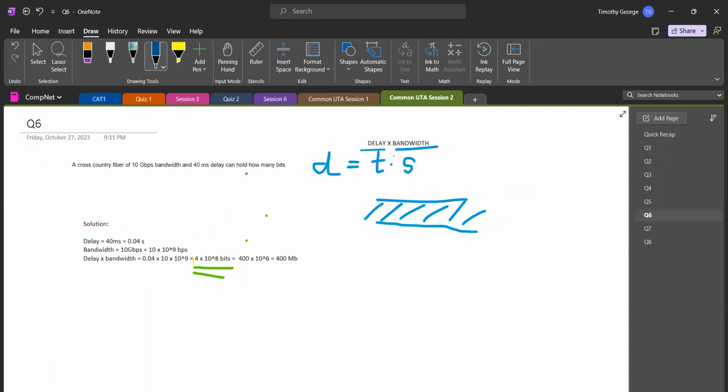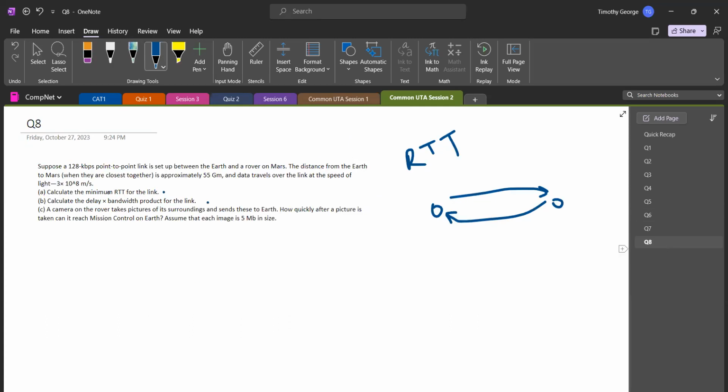That was how many bits can be held in a fiber, given by delay times bandwidth. It could be asked like how many bits can be stored in this cosmic link, right? But they've asked us delay times bandwidth.